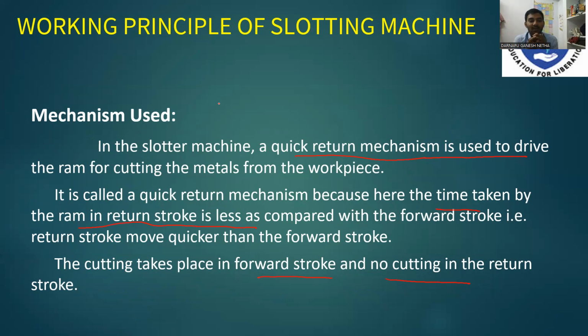That is the reason it is called a quick return mechanism. By using the quick return mechanism, the cutting action takes place only in the forward direction, and there is no cutting action in the idle or return direction. So that is the reason the slotting machine uses a quick return mechanism.